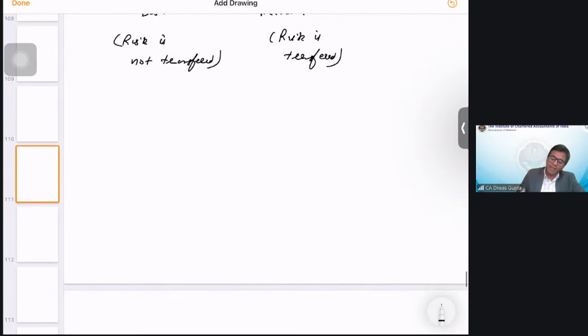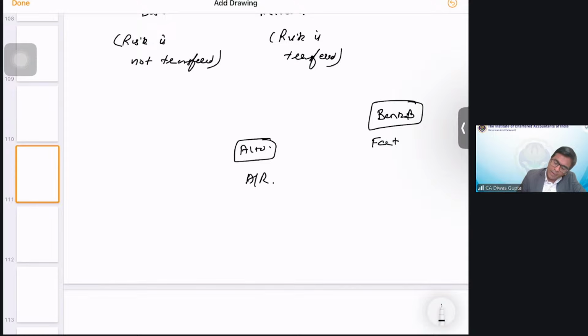Okay, let me just write it here. Let's say A Limited is the company which is having AR, accounts receivable. Then bank B is the bank which has done the factoring, and it is receivable from C Limited. C Limited is the debtor, right?